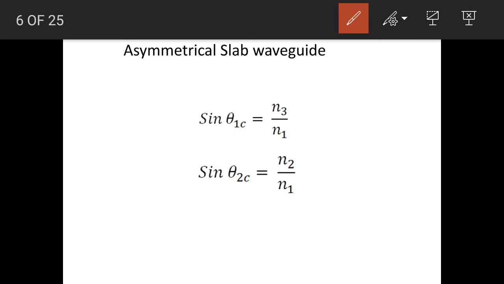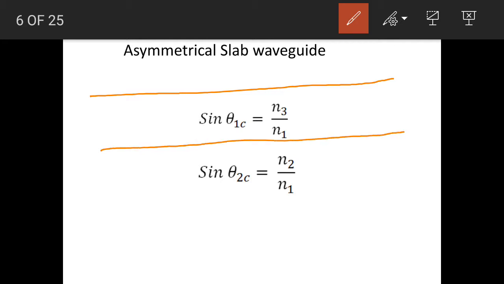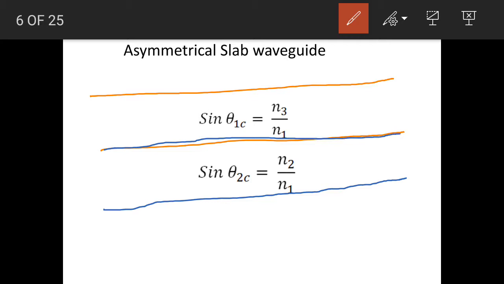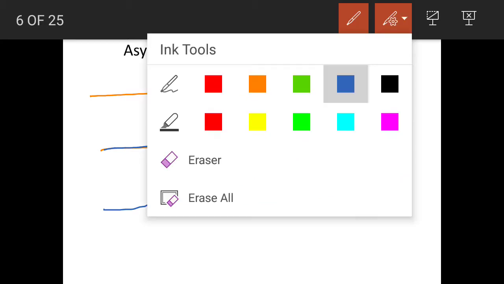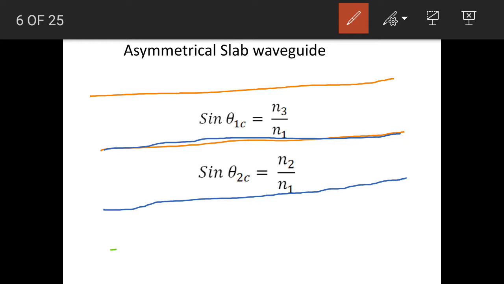This is the top layer of the asymmetrical waveguide, and then we consider the central layer, and definitely the ray travels in the central layer, and then we consider the bottom layer of the waveguide.